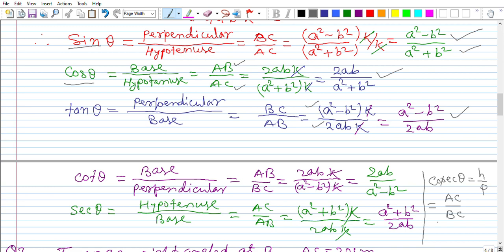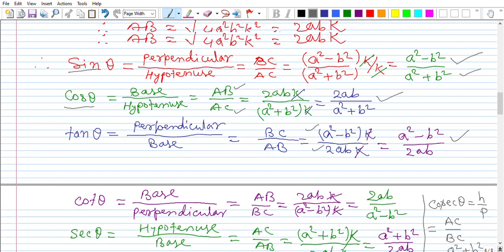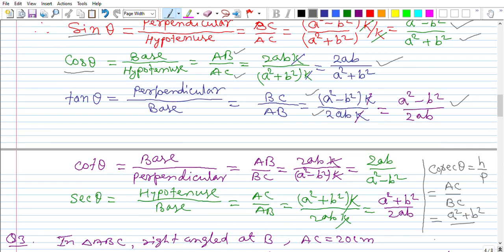Sir, it is the reverse of the sin theta value. So we can write A square plus B square by A square minus B square.